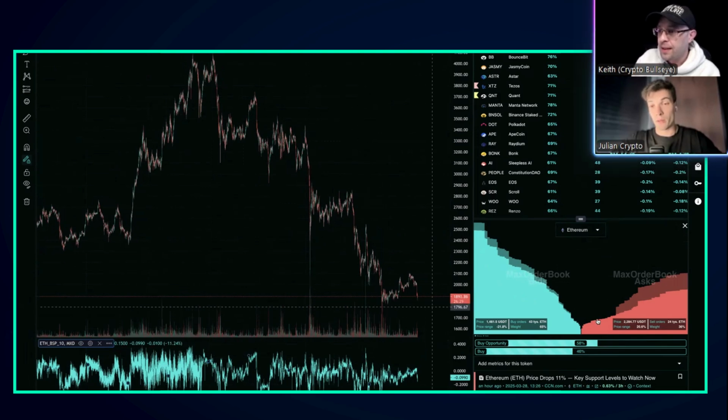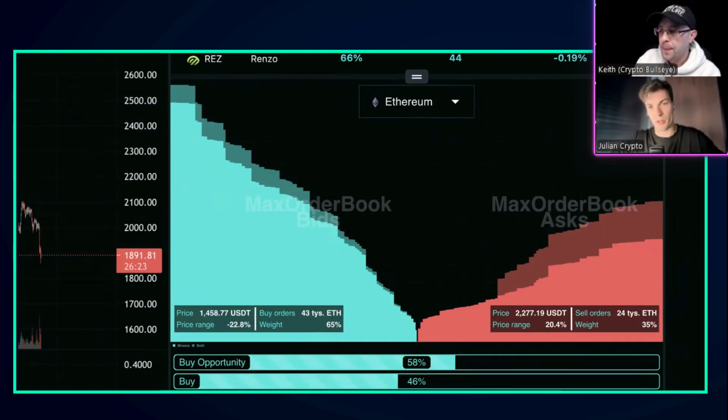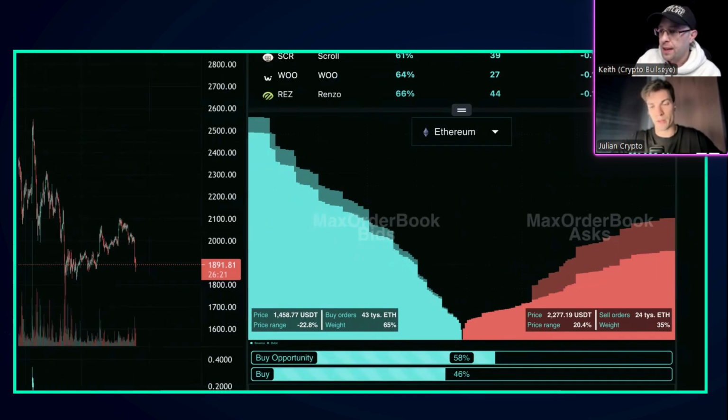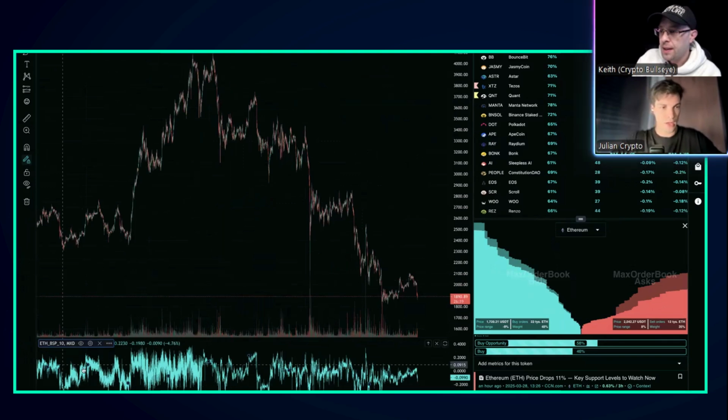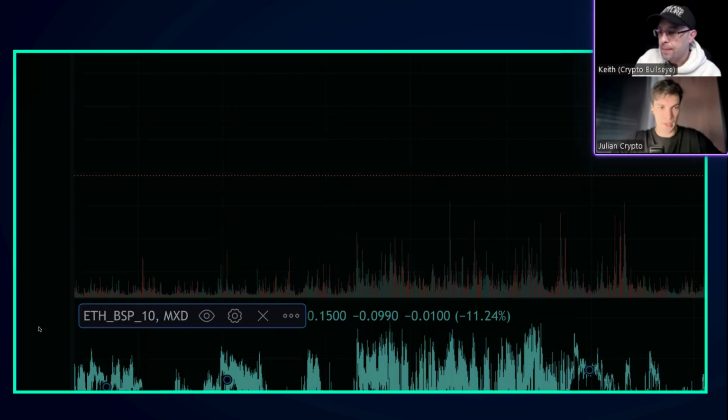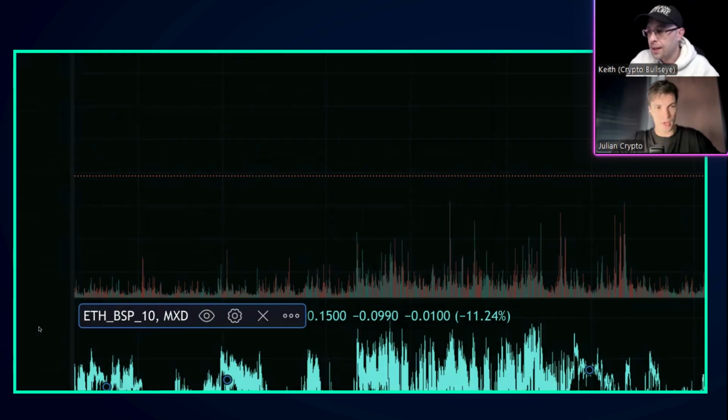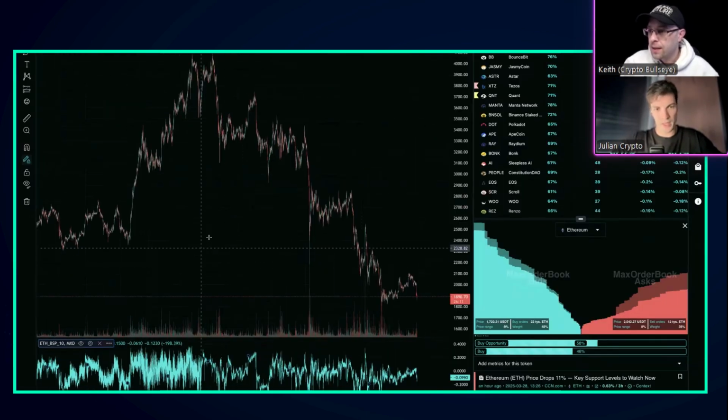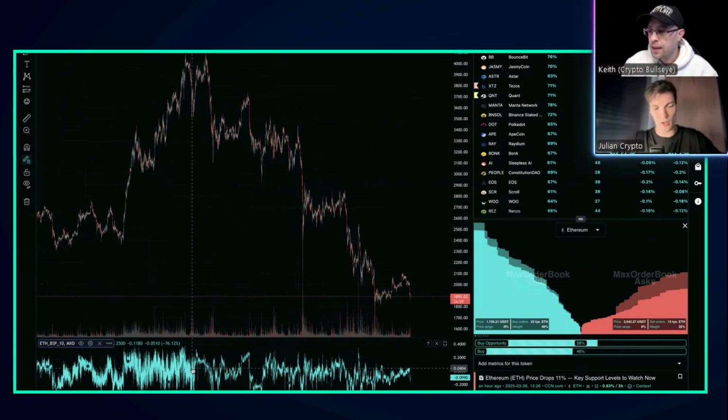But the more important thing is to also analyze not only buy and sell orders in real time on the max order book, but also observing this metric. For example, BSP10. If we analyze BSP10, it's looking similar to RSI or stochastic RSI, but this is raw data in real time, so it cannot be changed by any interval.